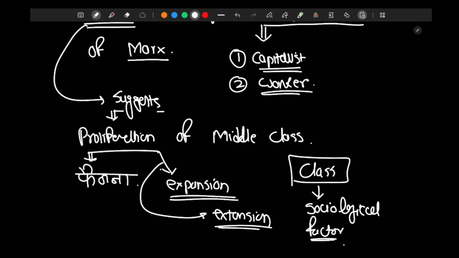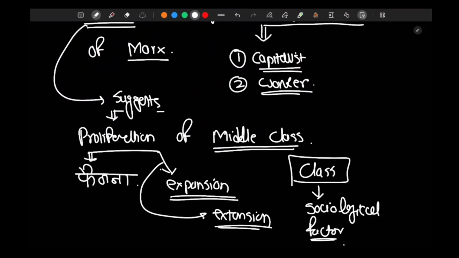He has used a sociological factor to make us understand why class polarization does not happen, because with capitalism there is proliferation of middle class, there is expansion of middle class.